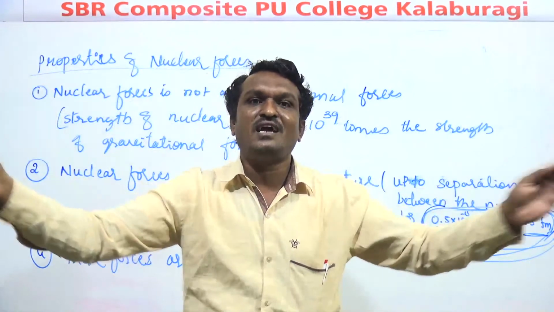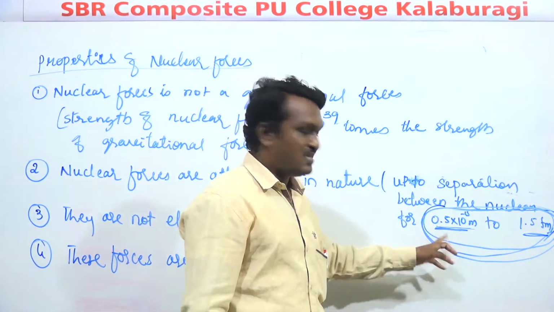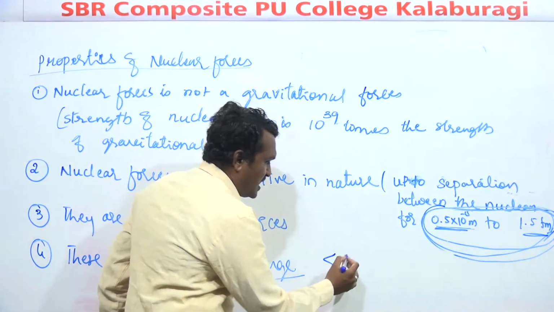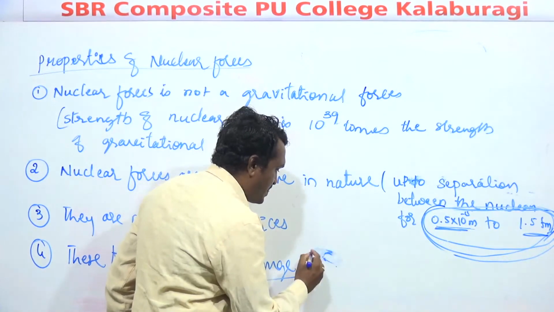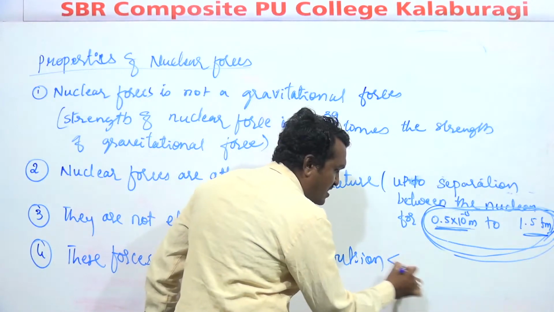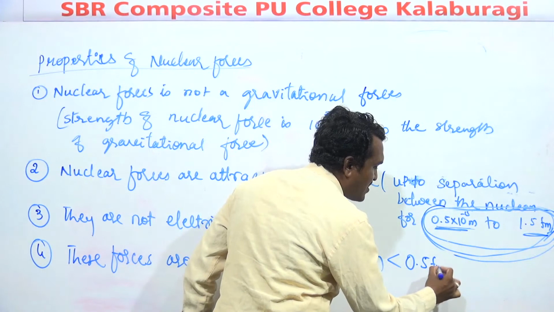We find repulsion if the separation is less than 0.5 Fermi.